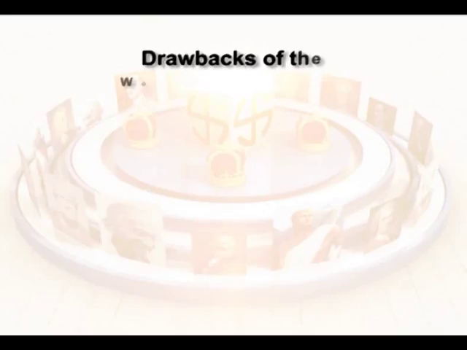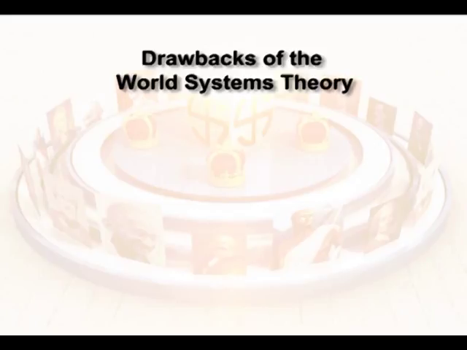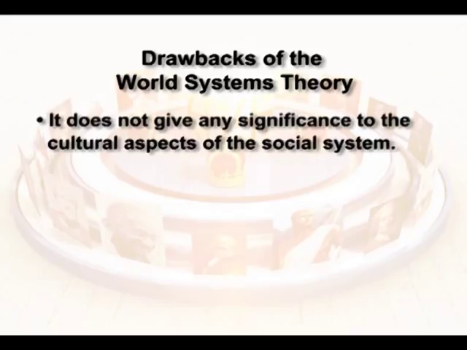If one recalls core and periphery regions within a periphery as advanced by proponents of world systems theory, then the role of the national capitalists living in the core area within the periphery could not be ignored. Wallenstein's world systems theory has also not given any significance to the cultural aspects of the social system.